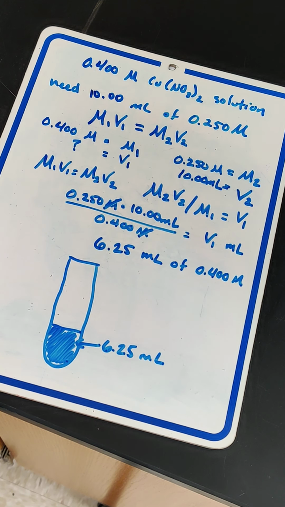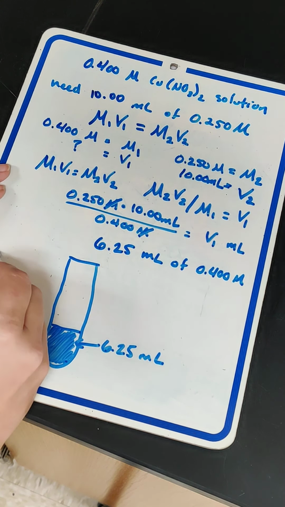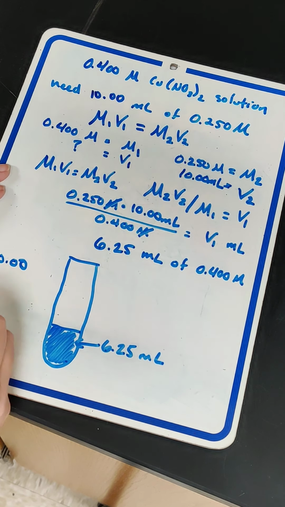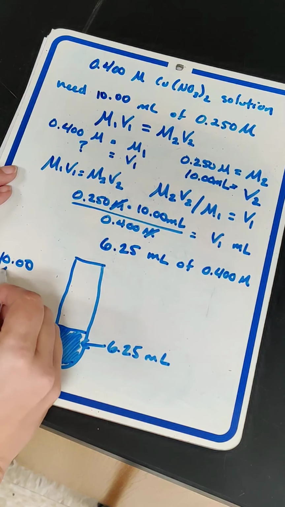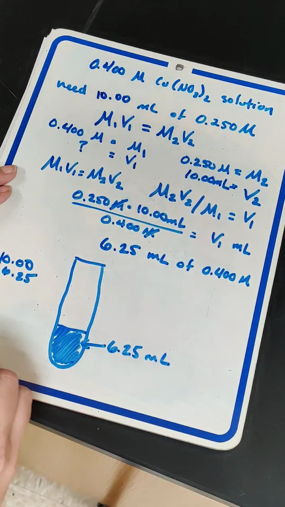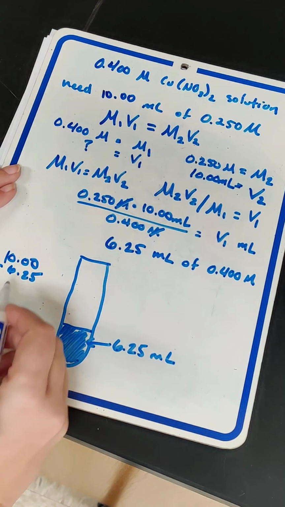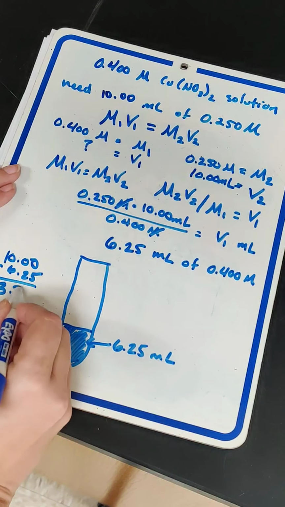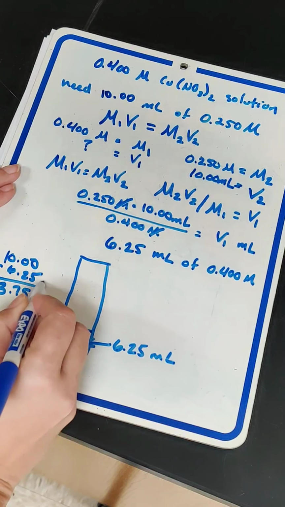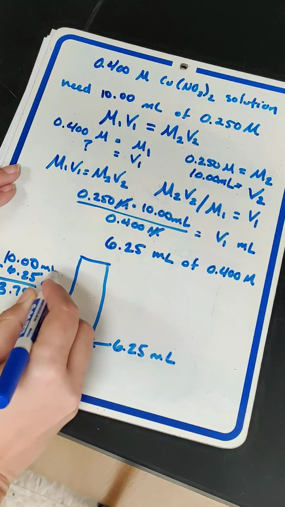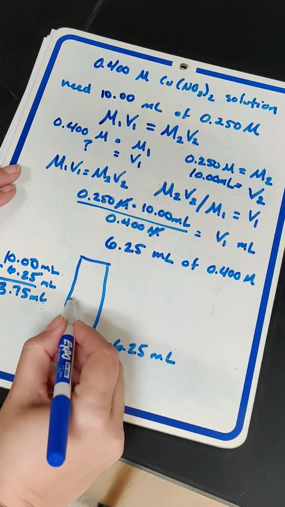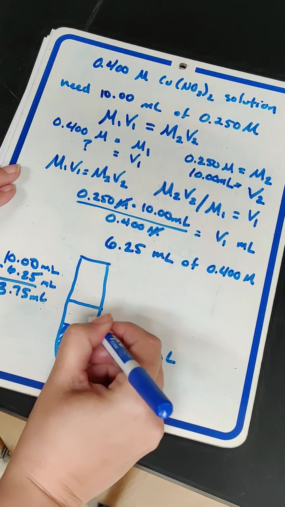And now I have to add water to get to a total volume of 10 milliliters. Well, if I want a total volume of 10 milliliters, then I'm going to take 10 milliliters minus the 6.25 milliliters of 0.4 molar solution I have in here to get me the milliliters of water I need to add.